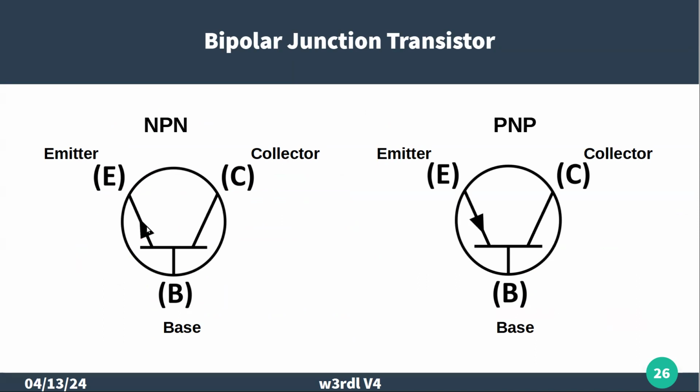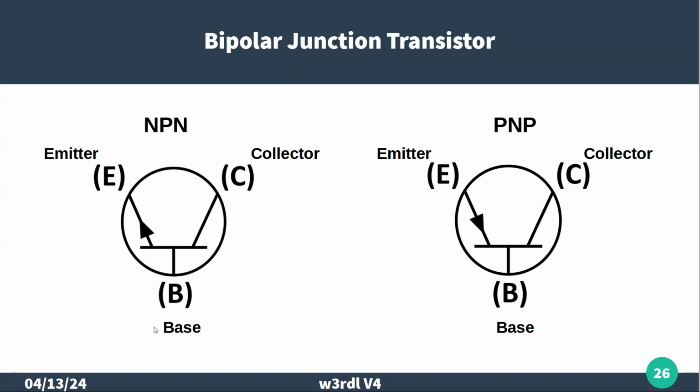And we have the other two N-type materials. So the base emitter is our equivalent to our diode. And that's why it looks kind of like a diode between the base and the emitter. Just a straight line out to the collector. In the case of the PNP, we just reverse the direction of the current flow.